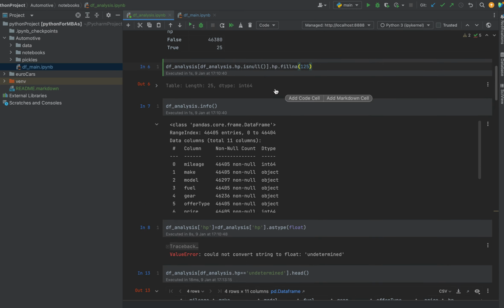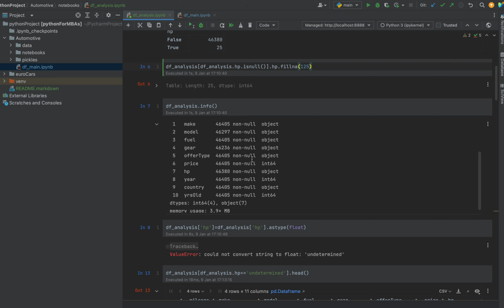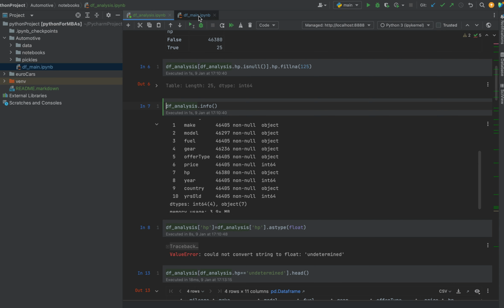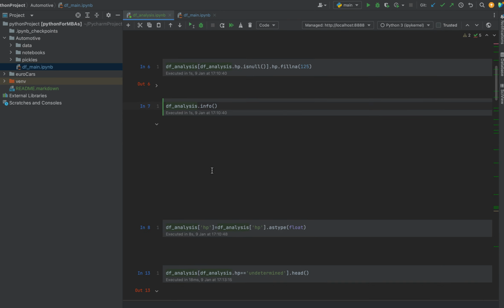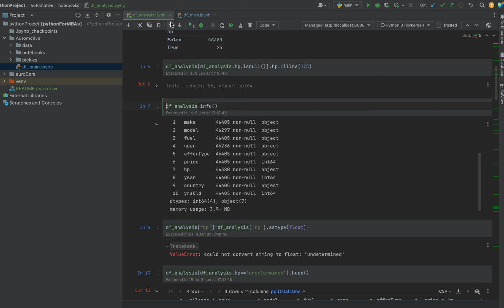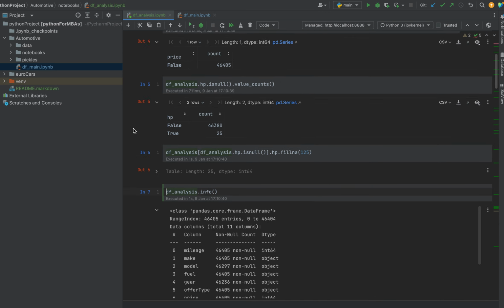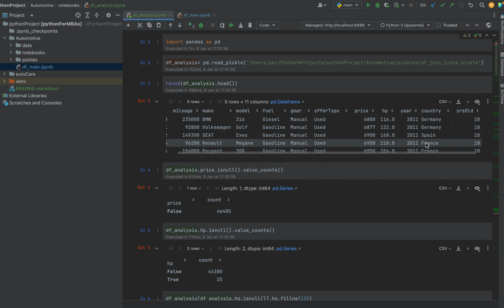The horsepower variable is now an object, but in the original data frame, it's a float64. That means something happened to it, and what happened was when I did the join to add the country, when there was a blank value, I called it undetermined.